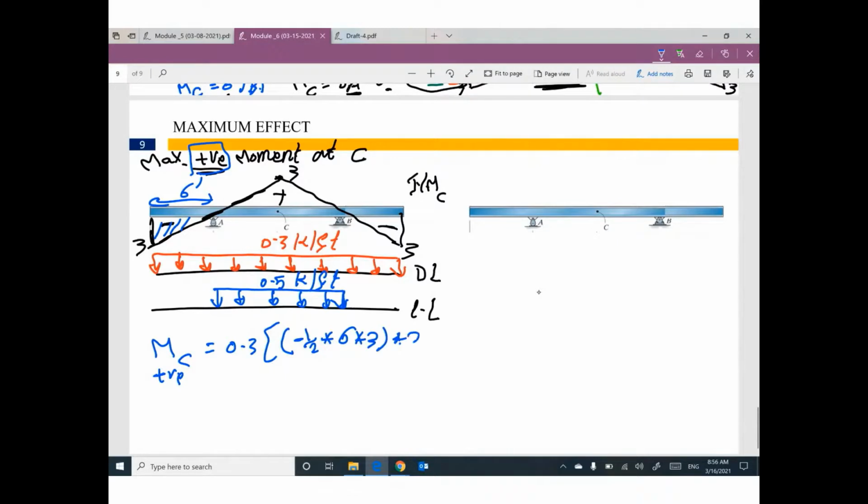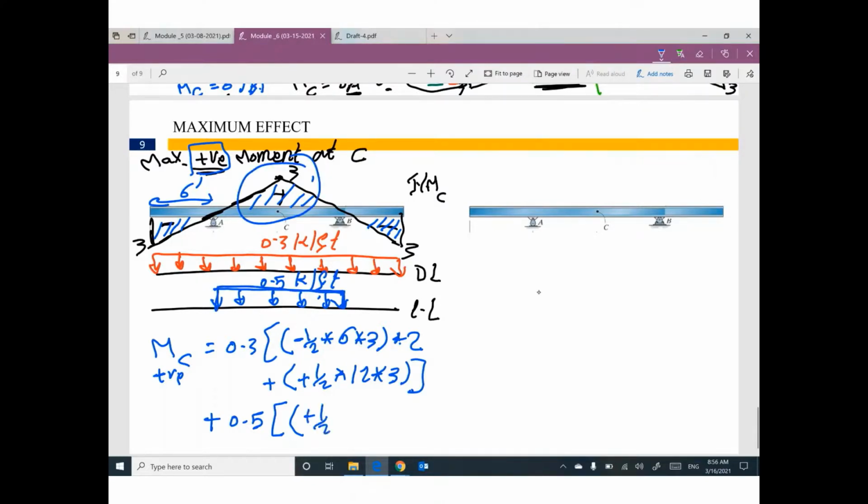I can multiply it by 2 because we have another triangle on the other side, which is negative. Plus the area of this triangle, which is positive, 1/2 times 12 times 3. Plus the value of live load, 0.5, times the diagram covered by this live load only, this positive diagram, 1/2 times 12 times 3.